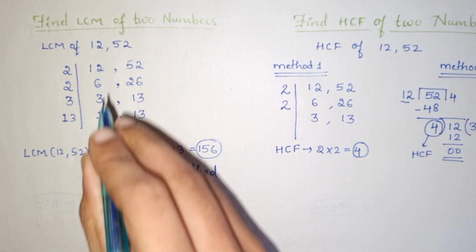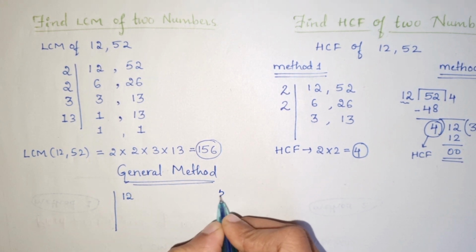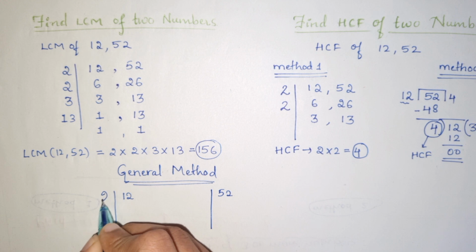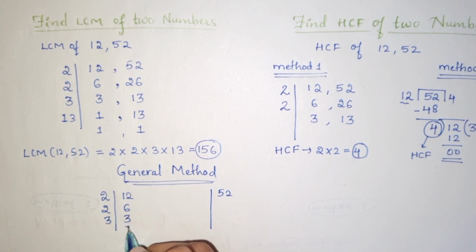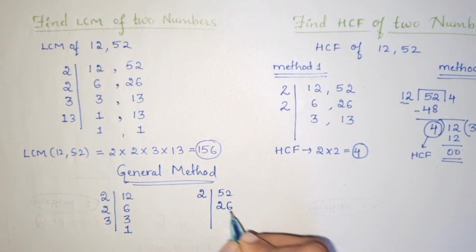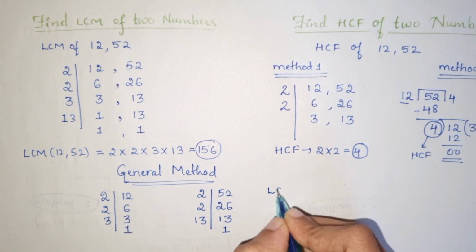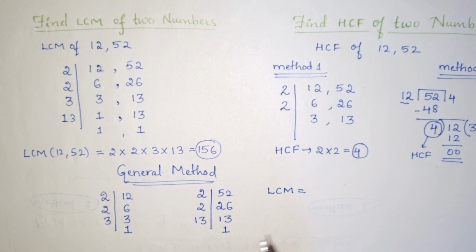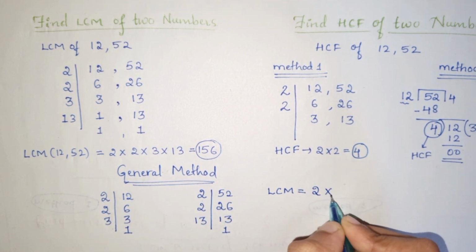All you need to do is separately factorize both the numbers, 12 separately and 52 separately. 2 6s are 12, 2 3s are 6 and 3 1s are 3, and similarly here 2 26s are 52, 2 13s are 26 and 13 1s are 13. Now, to find the LCM, you can see here 2 and 2 are common on both sides, so we need to write it only one time.